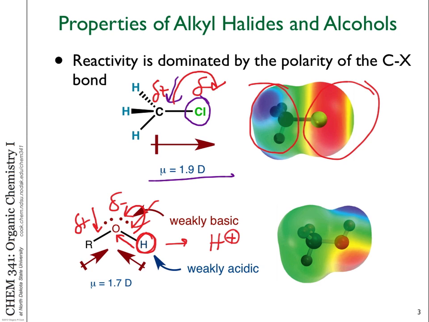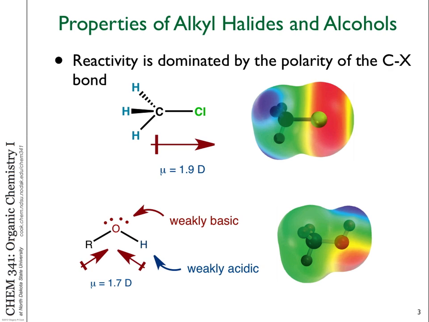So it can act as a weak acid. At the same time, the oxygen having electron density can act as a weak base, and that also dominates a lot of the reactivity of alcohols. And I will say that carbon-halogen bonds are generally easier to break than carbon-oxygen bonds. Something we'll talk about a little bit more in the coming slides.